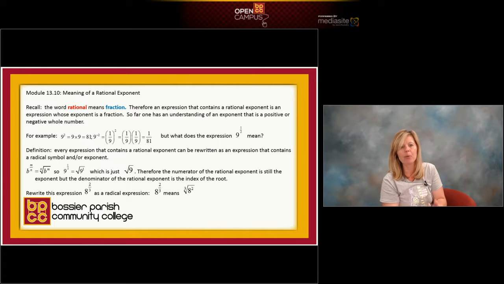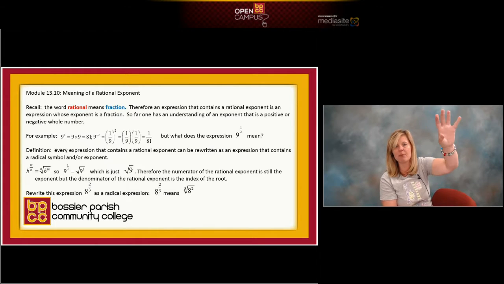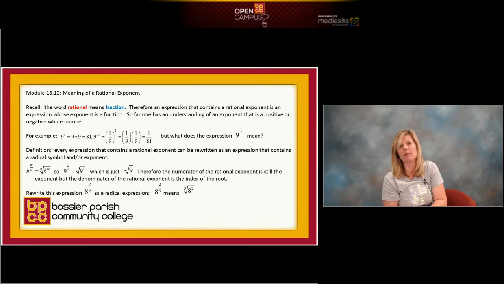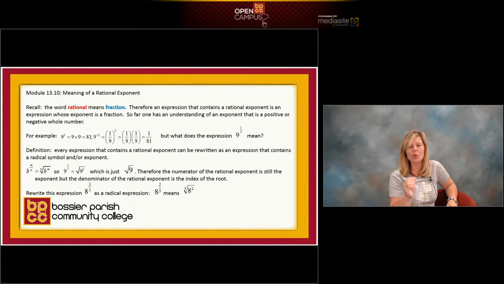If you look in your PowerPoint, there's a definition here that says b to the m over n. So your base is b, and your exponent's a fraction. It's got m in the numerator and n in the denominator. That will always be rewritten as a root. And if you look, the base went inside the root symbol, so the base is the radicand.